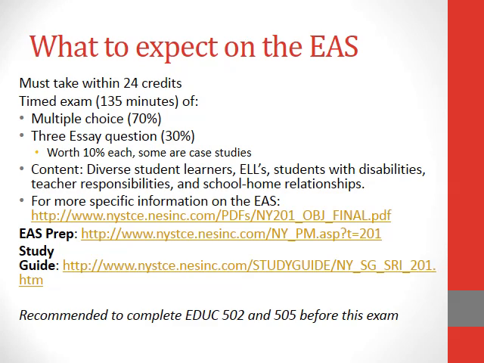Generally, the way this works is you'll read a little case study or a vignette about a teacher in a classroom facing a particular type of situation, and then you'll be asked to respond to a series of questions regarding that vignette. You'll need to learn about diverse students, ELLs, students with disabilities, etc. So it's important not to take this test too early. More specific information, a link is provided, as well as a link for prep and a study guide.